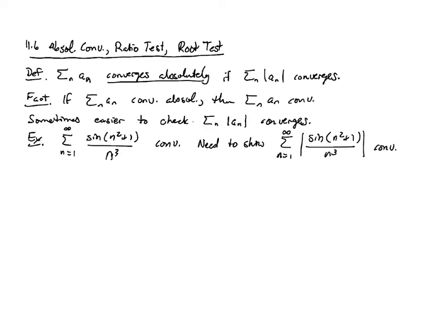So I need to show that the summation of the absolute value of sine of n squared plus 1 over n cubed converges. And the way that I do that is by using the comparison test.